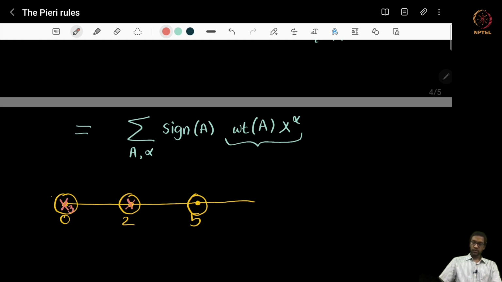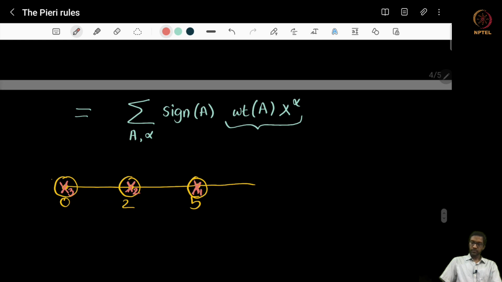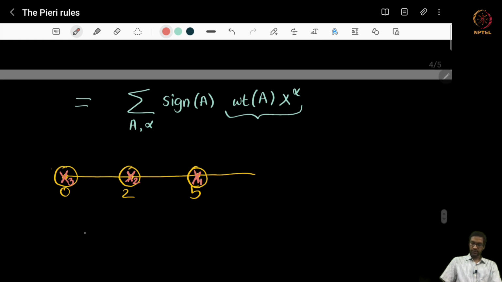Then what was the weight of this abacus? It was x3 power 0, x2 power 2, x1 power 5. That was the weight of this abacus.